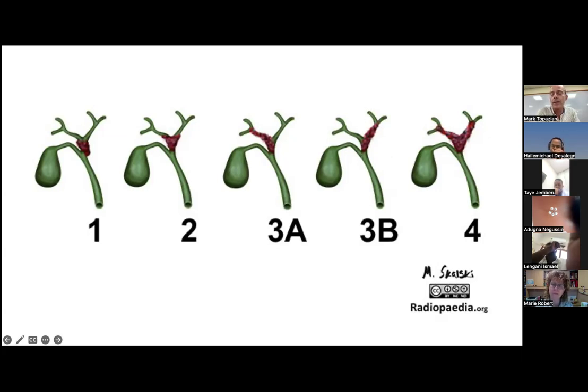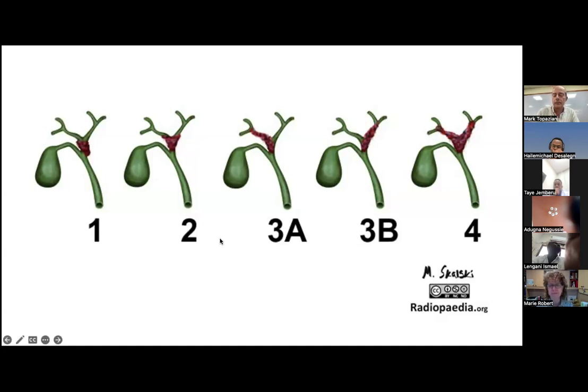And Bismuth 4 is extended well up on both sides. This is very problematic, either to drain endoscopically or percutaneously enough to get the bilirubin to go down, or to have surgery. In some settings, if it's localized disease, this patient would have chemotherapy and radiation followed by liver transplant. So that's a summary of the biliary staging of these tumors.